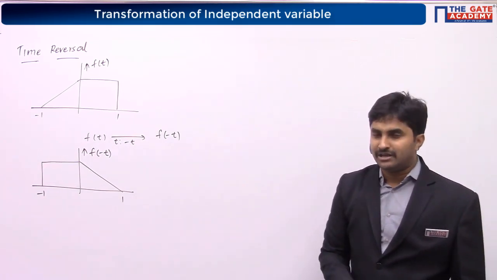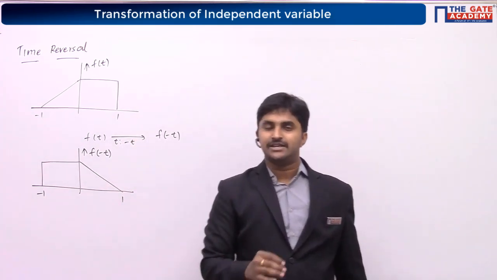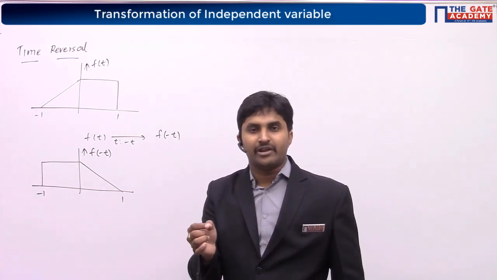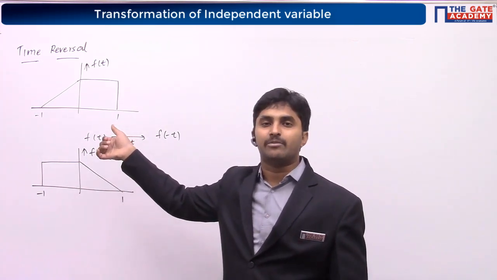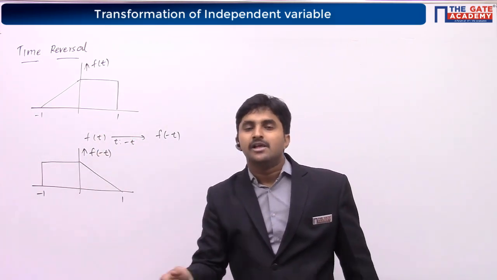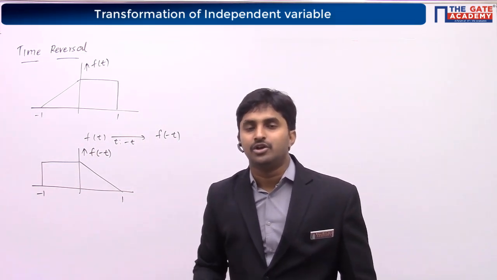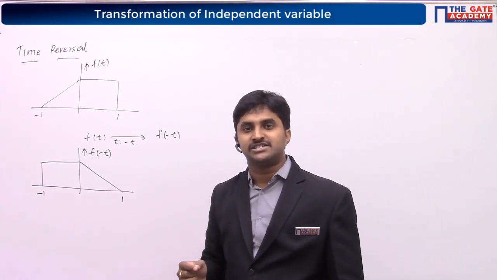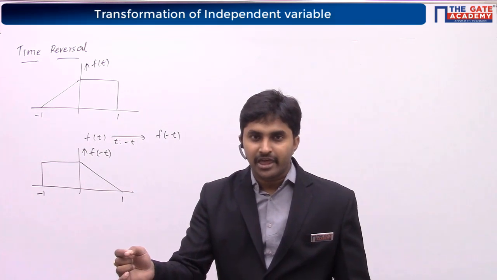One of the very interesting applications of time reversal is whenever we are moving our video back and forth. For example, a batsman is run out and we are checking whether he is actually run out or not using the third umpire system. So what does the third umpire do? He goes up, he goes back, he goes up, he goes back.